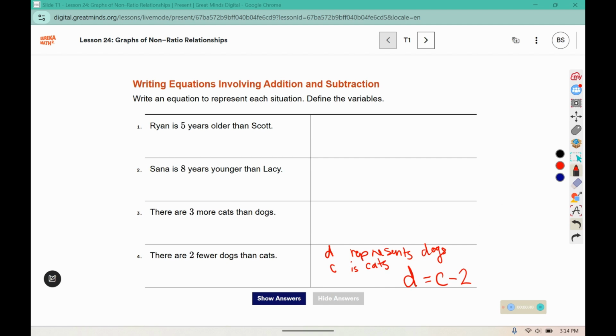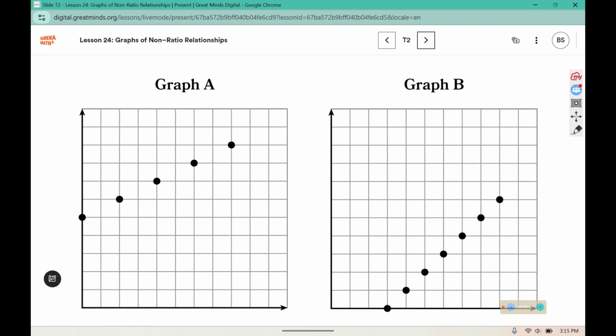Write the remaining 3 equations and define your variables. Here we have 2 graphs, graph A and graph B. We're going to discuss 2 possible situations that could be used to describe graph A and then also graph B. So in graph A, it might be something along the lines of, you started 5 blocks from home, and then every 2 minutes, you walk 1 more block.